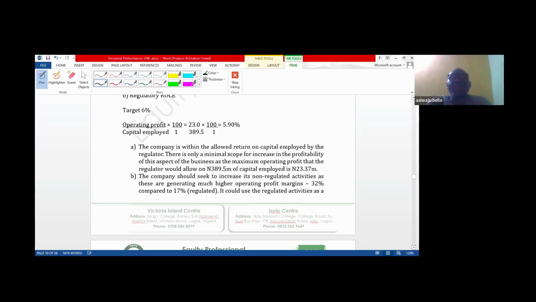There is only a minimal scope for increasing profitability of this aspect of the business.